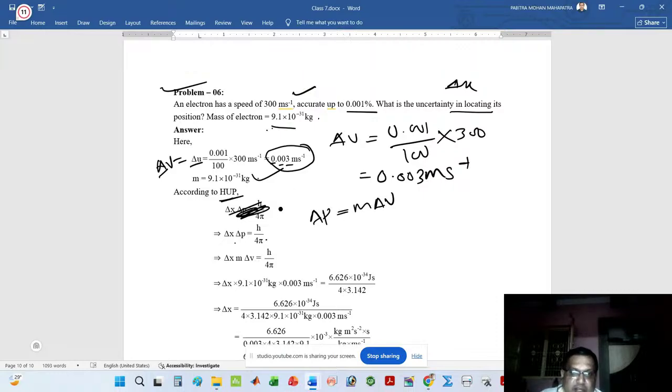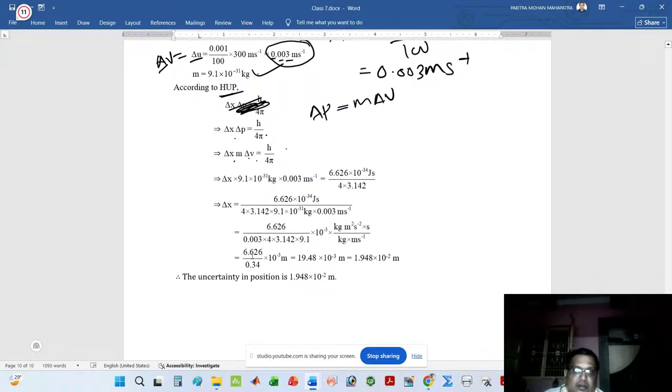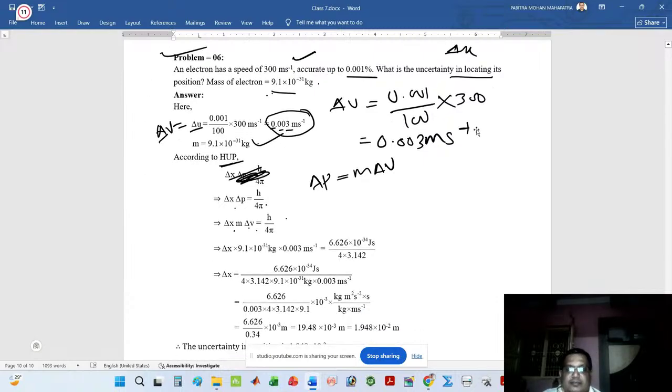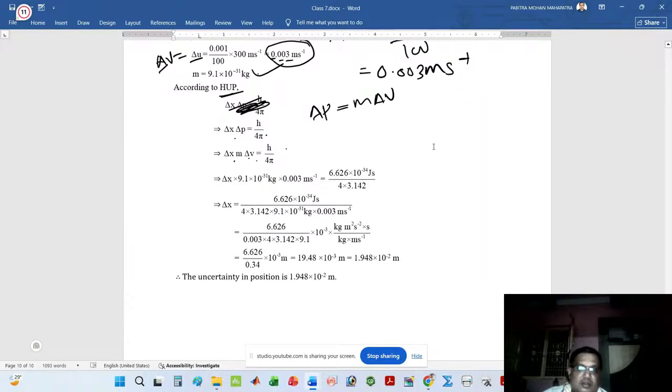Put this value, you can write del x into m into del v equal to h by 4 pi. Now put the value of each term. Our target is to find the uncertainty in location, that means del x. Look at the formula. Del x into m into del v equal to h by 4 pi.